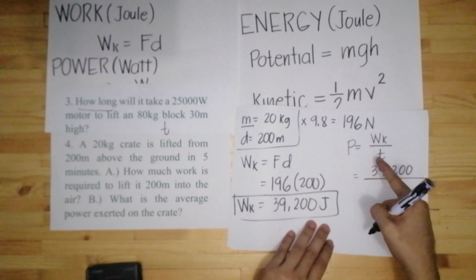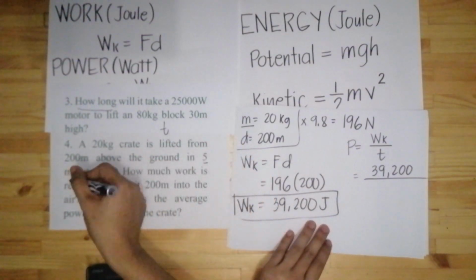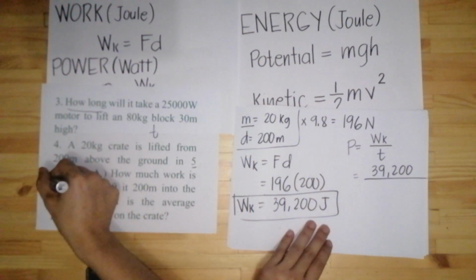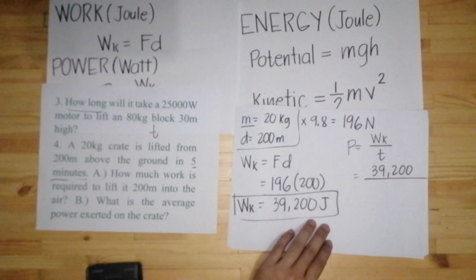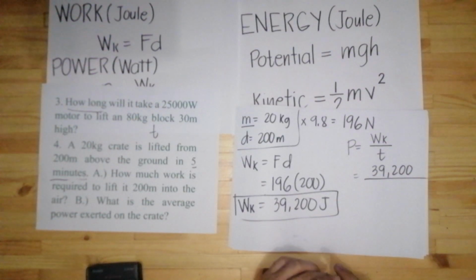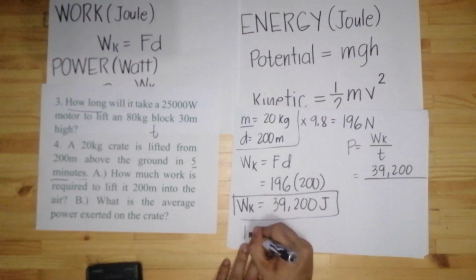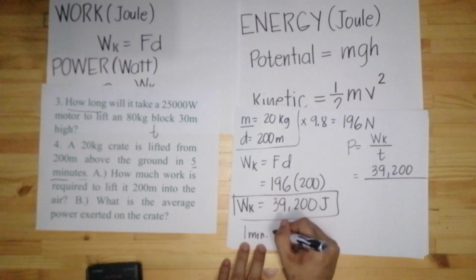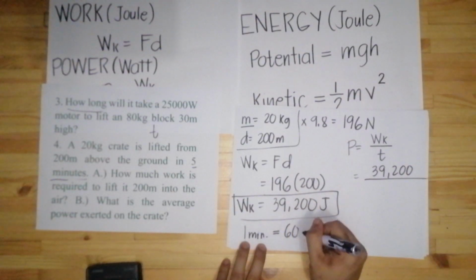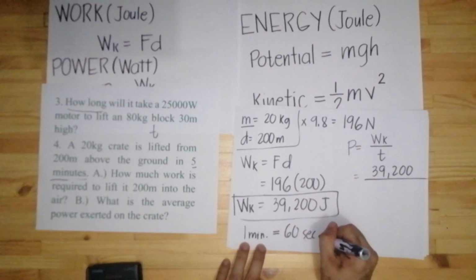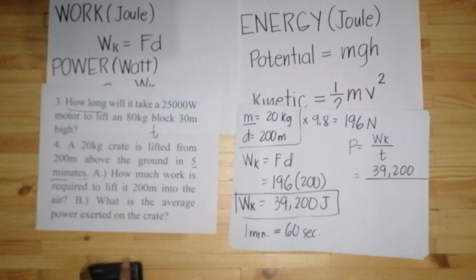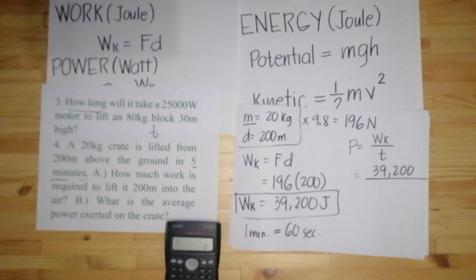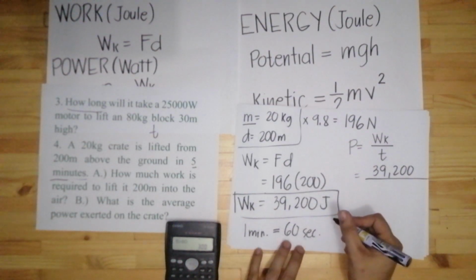Divided by yung time. Ang time natin ay ito, 5 minutes. Okay? Ang 5 minutes, kailangan i-convert natin into seconds. So, alam naman natin na in 1 minute, meron tayong 60 seconds. So, since 5 minutes yan, times na natin sa 60. So, 5 times 60, that is equal to 300.